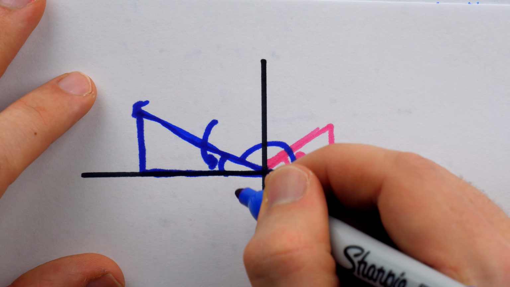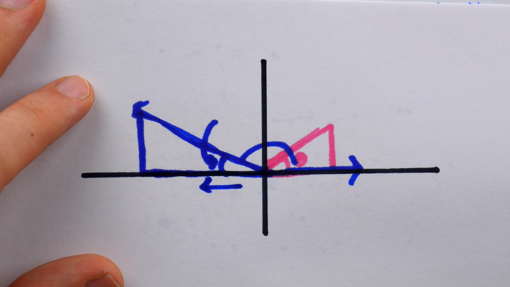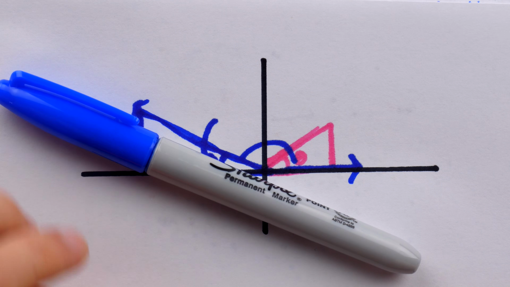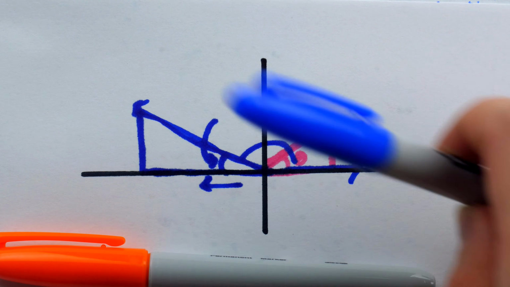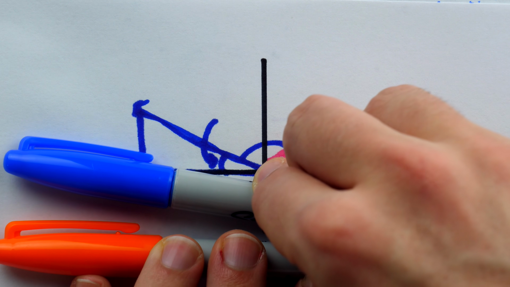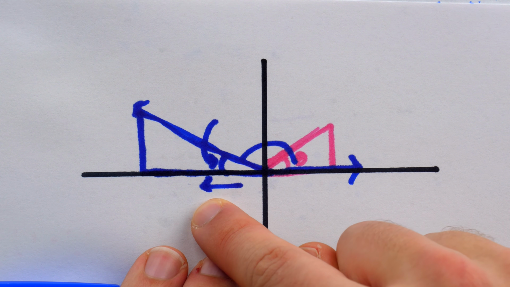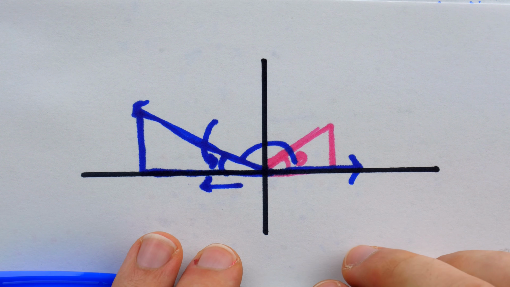The thing is, this adjacent side is going in the negative direction, and that's how we get the -1. Again, as the angle approaches 180 degrees, the adjacent side and the hypotenuse close in on each other, and so their ratio is approaching 1, except also with that negative factor, because the adjacent side is going in the negative direction.